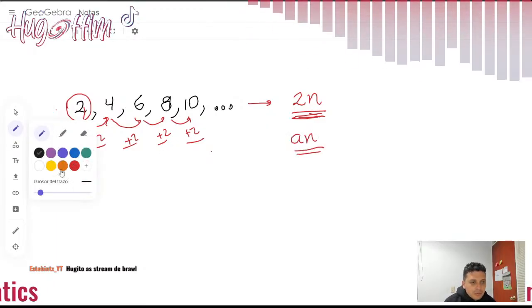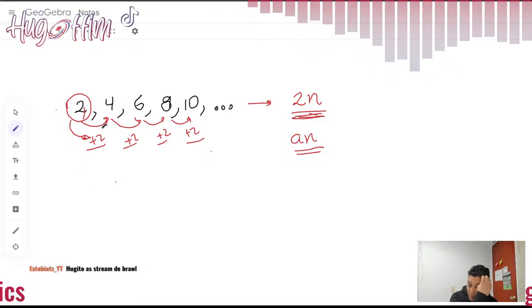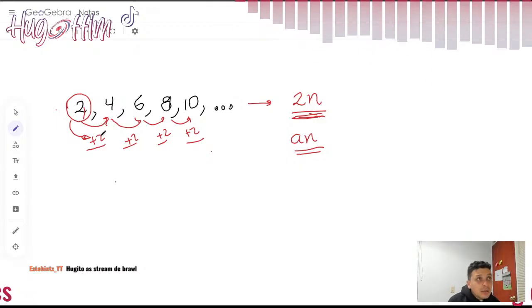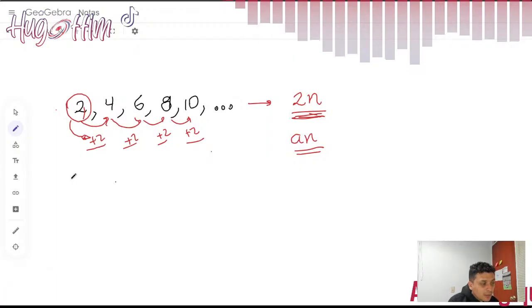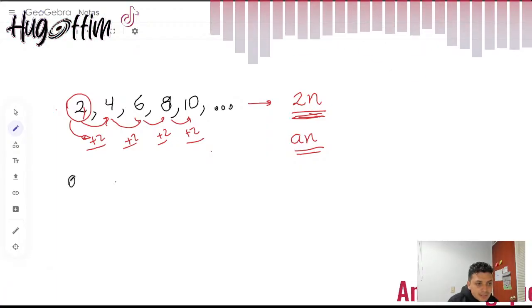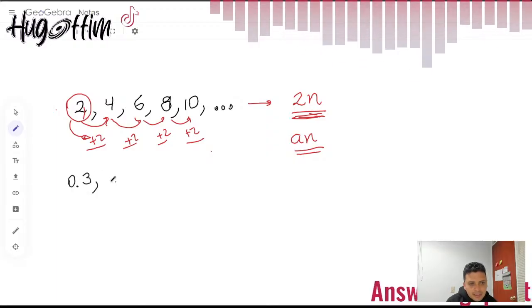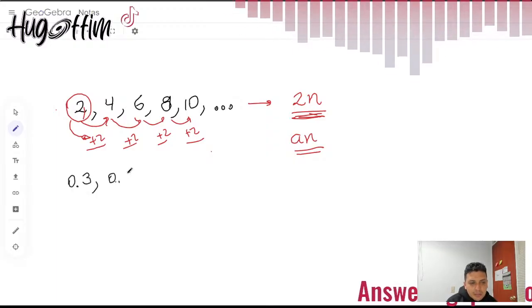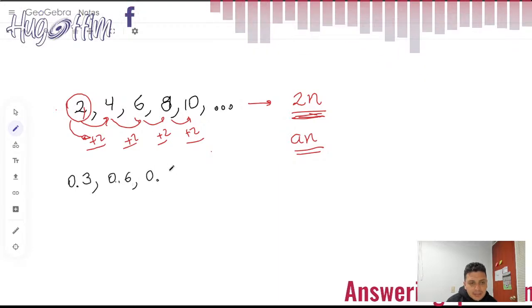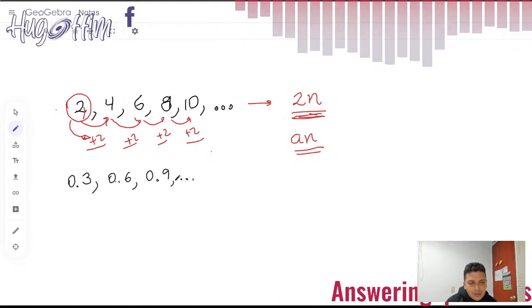For example, let's say I put a more difficult sequence. Let's say that I'm going to start with 0.3, then 0.6, then 0.9, then I continue.